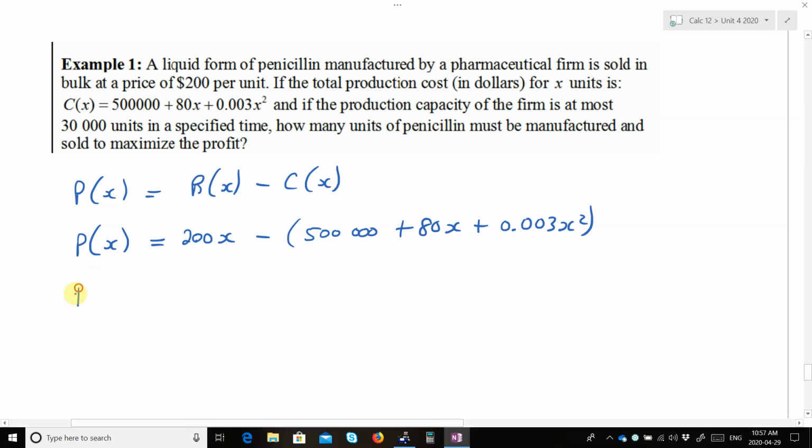And so we can simplify this, and let's distribute the negative. We would get negative 0.003x squared. It would be 200x minus 80x, so plus 120x, minus 500,000.